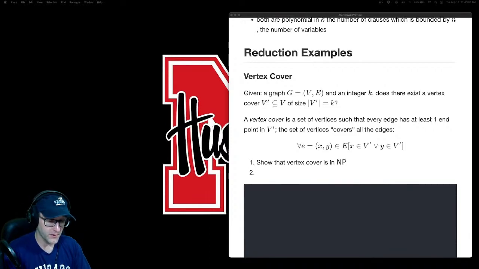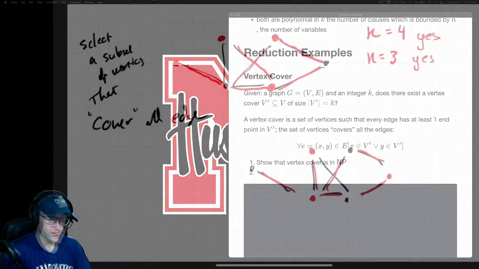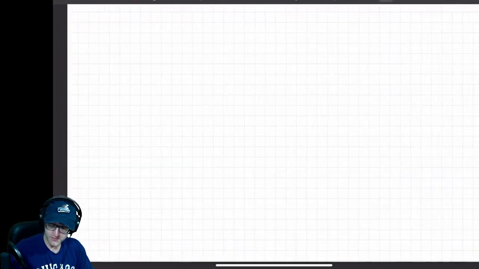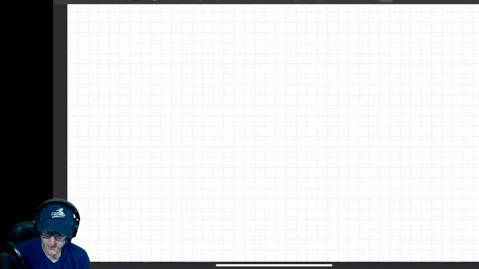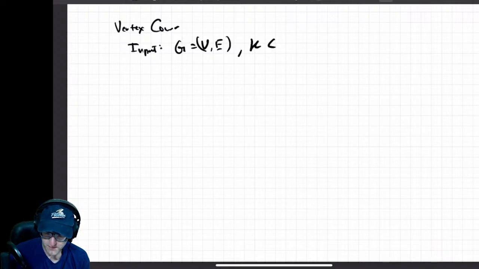So let's go back over to the overhead here, and let's come up with a non-deterministic polynomial time algorithm that decides the vertex cover. So my input, again, is a graph, V comma E, and an integer k.